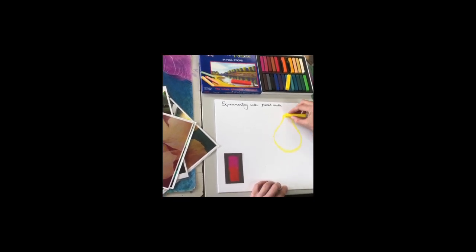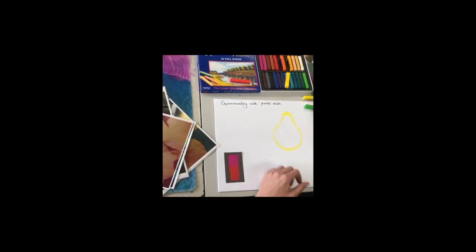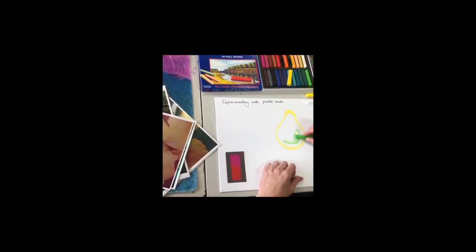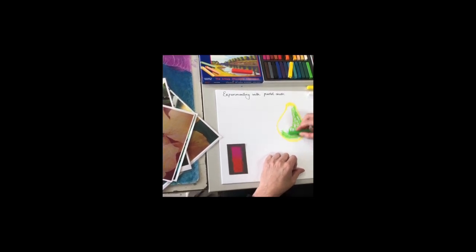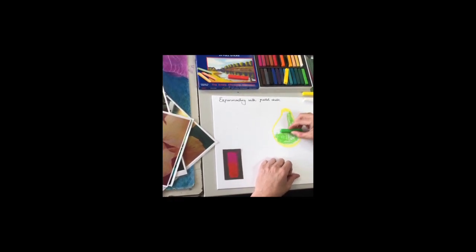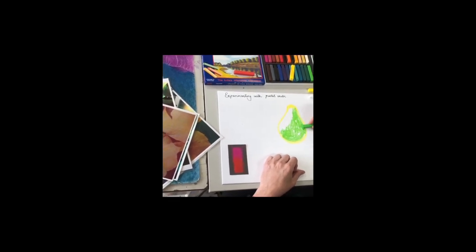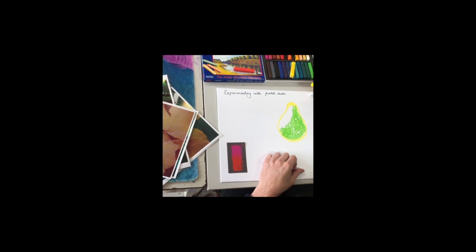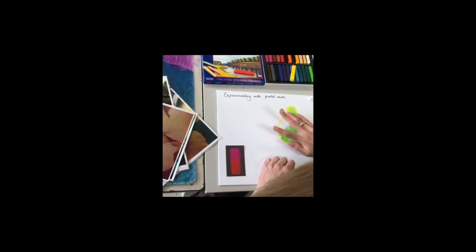And we're not talking because I'm doing a demonstration which is being filmed. So now I'm going to colour with my green. So you colour in, and then I'm going to bring in some, I might get my finger and do this.